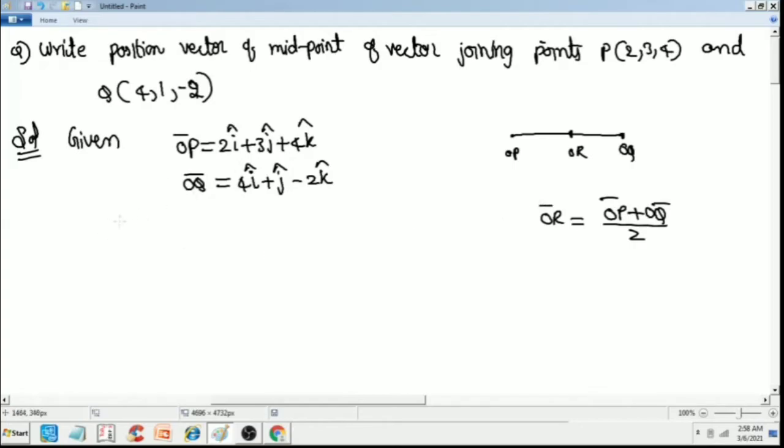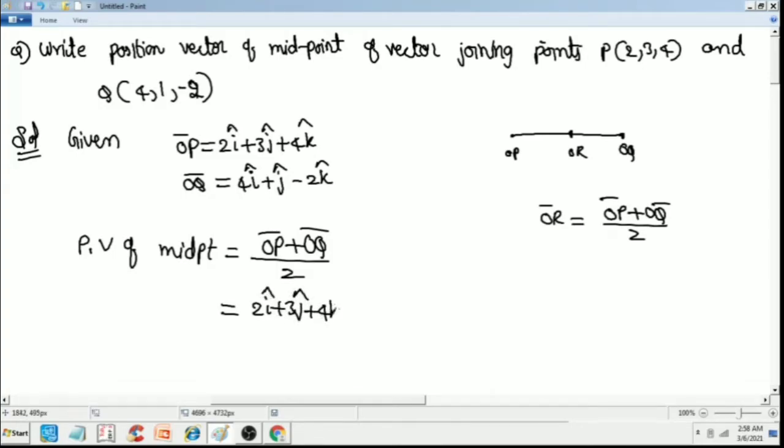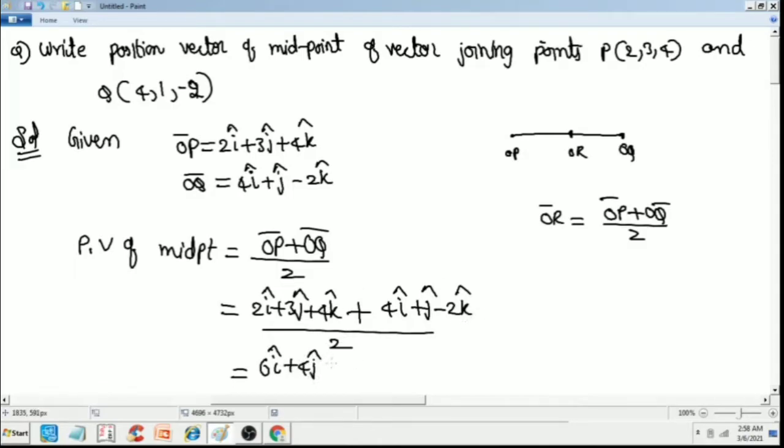So the position vector of the midpoint is equal to (OP bar plus OQ bar) by 2. OP bar is 2i plus 3j plus 4k, plus OQ is 4i plus j minus 2k, by 2. 2 plus 4 is 6 i bar, 3 plus 1 is 4 j bar, 4 minus 2 is 2 k bar, by 2.